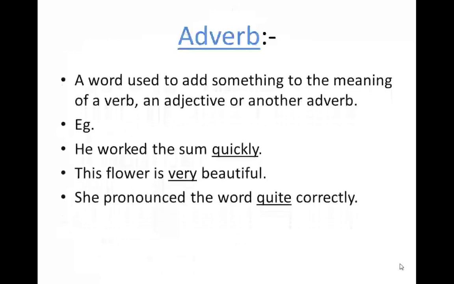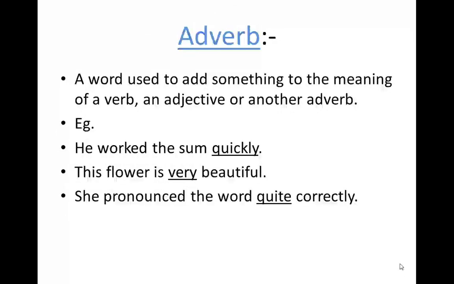Adverb. A word used to add something to the meaning of a verb, an adjective or another adverb. For example, he worked the sum quickly. So how is the action done? Quickly. This word adverb is explaining the verb.